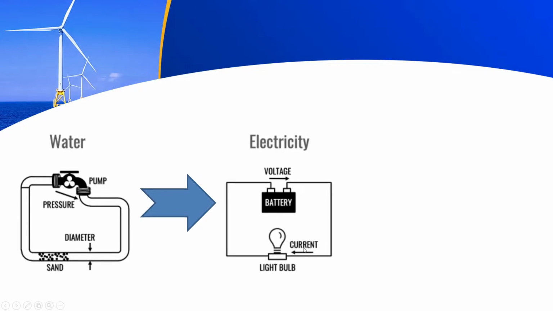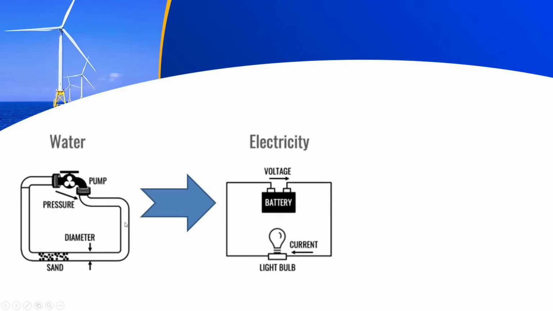Then, ano naman yung sa current? So, the current is like the diameter ng hose. So, meaning, the wider it is, the more water will flow through. And then yung sa resistance, it is like a sand na nasa loob ng hose natin that slows down the water flow.